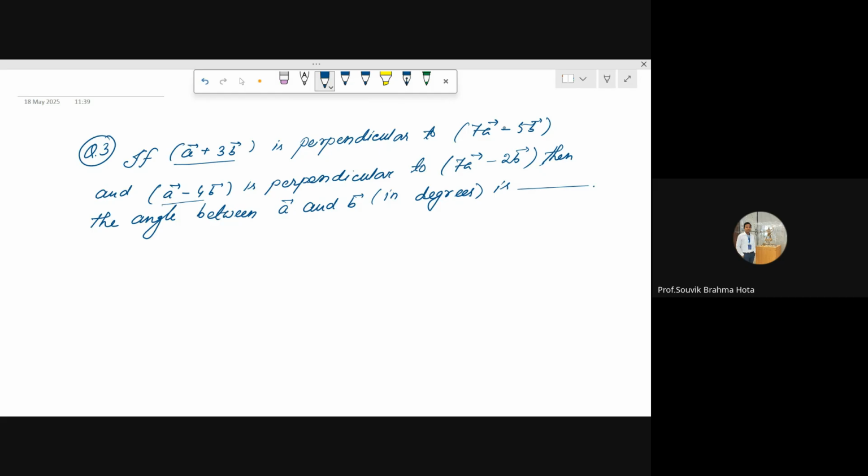They have not directly given what angle one vector makes with another vector. But what they have given is the relation between the vectors, like a plus 3b.